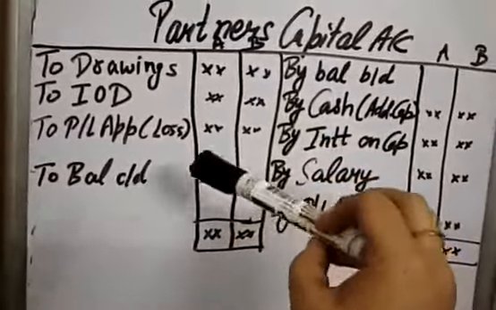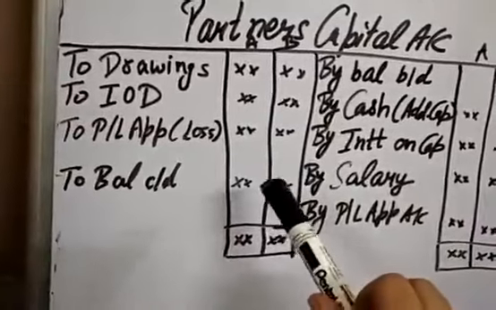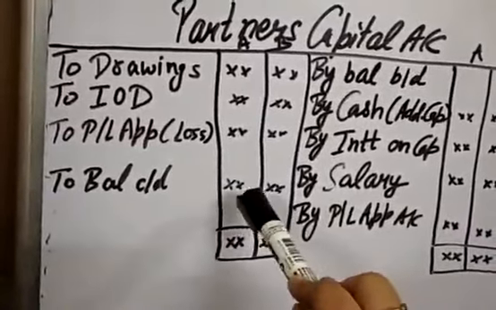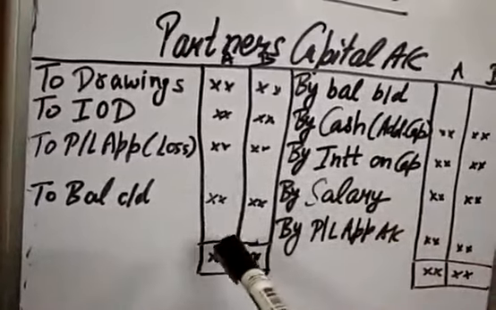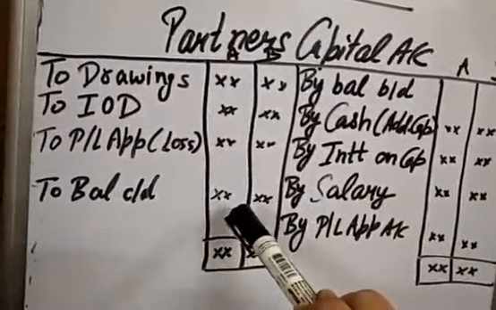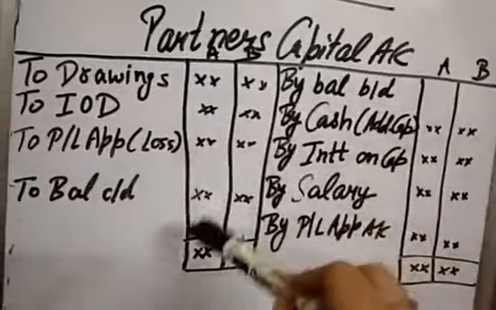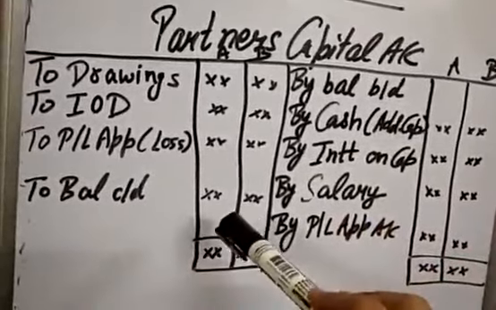But in this question you are doing it the opposite way, because you are provided with closing capitals and you have to calculate opening capital. So this amount is given to you and you have to calculate this amount. Then you will go in a reverse way.